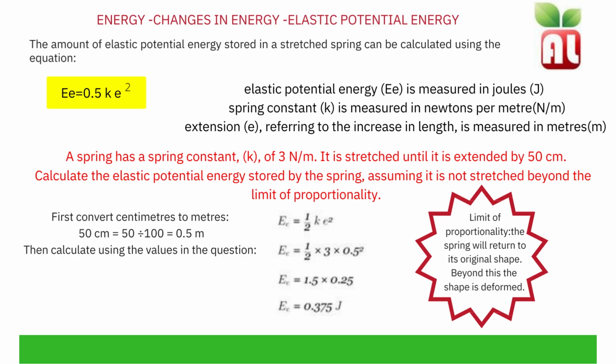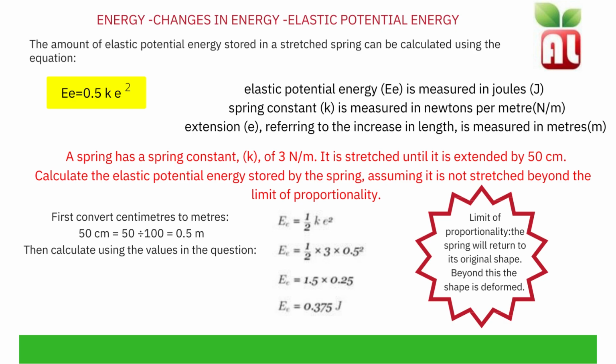Elastic potential energy. The amount of elastic potential energy stored in a stretched spring can be calculated using the equation elastic potential energy equals 0.5 times the spring constant times the extension squared.